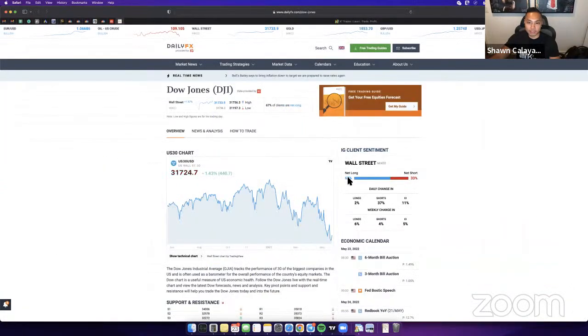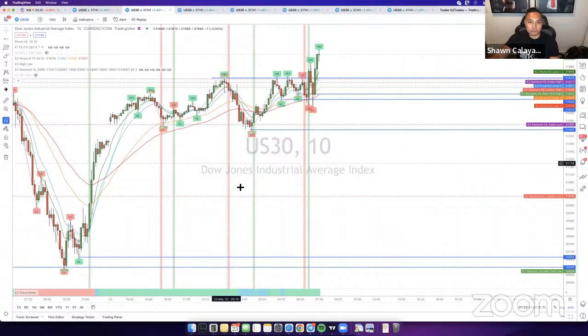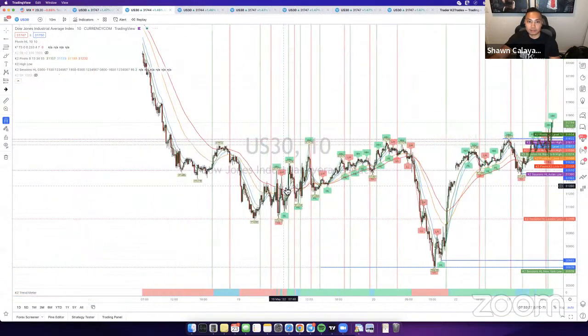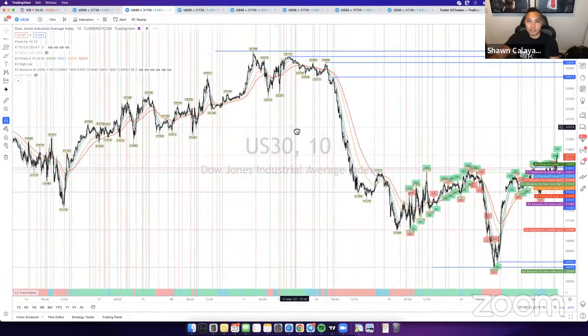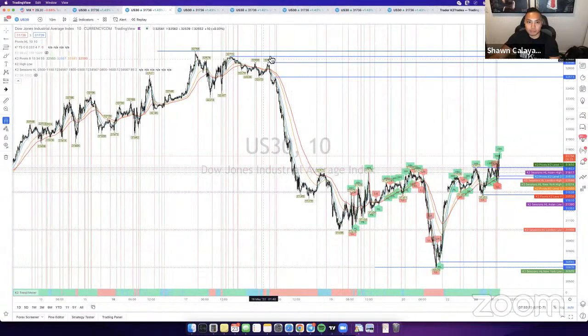That's why I use this as my main indicator, because I want to see what's happening with everyone else. Basically, all of these lines here that I draw on a 10-minute, this is where I see a lot of stop losses sitting, like this area over here. The people who took sells, these are typically going to be the longer term traders, because this was on the higher time frame.